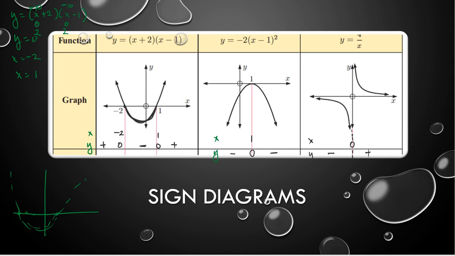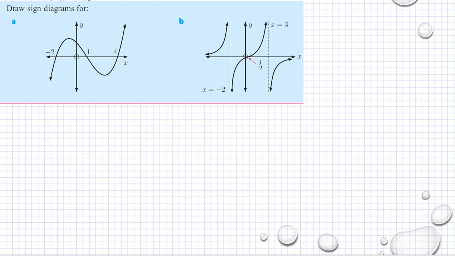This last example here is a little bit more confusing than these two. Let's take a look at another example. Here, as we've seen, we need to have x and y, sorry, and we need to have the values of x, which are -2, and then 1, and then 4.